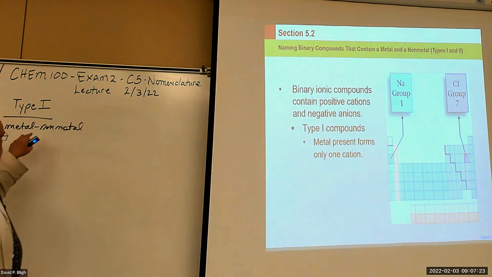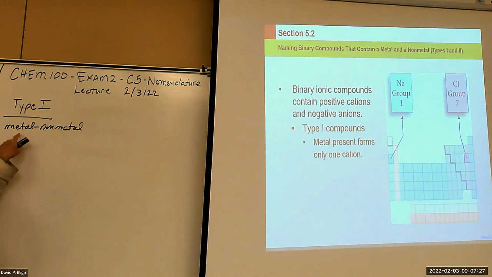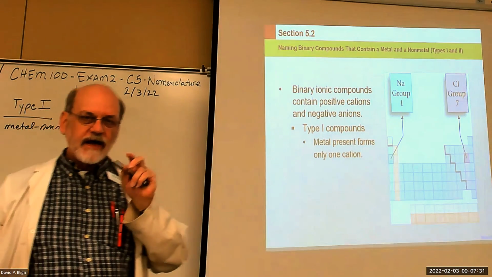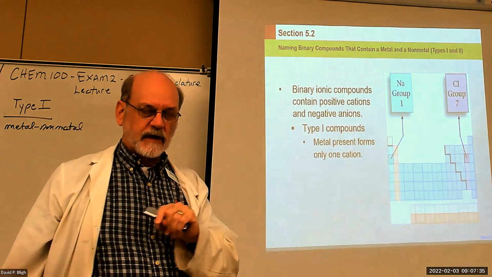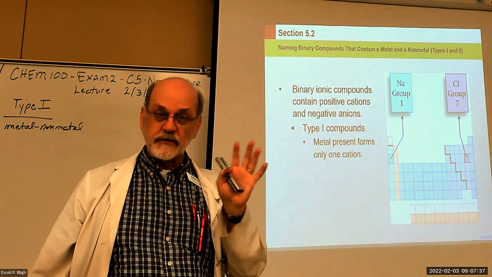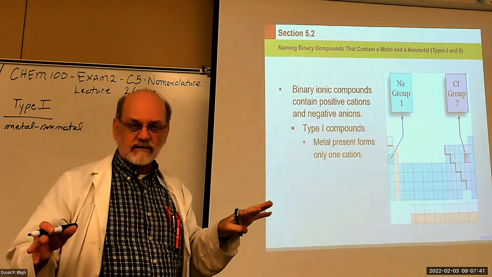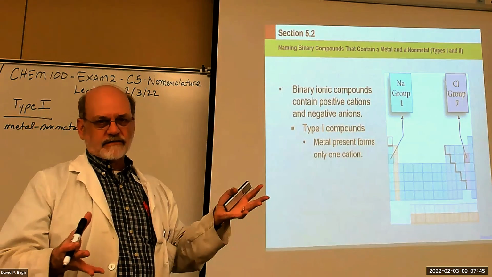The defining feature of type 1 compounds is that this metal is only capable of having one possible type of charge. It can be a +1, +2, +3, whatever the case may be. It can have no other charge. That's it. When it's charged, that's its only choice.